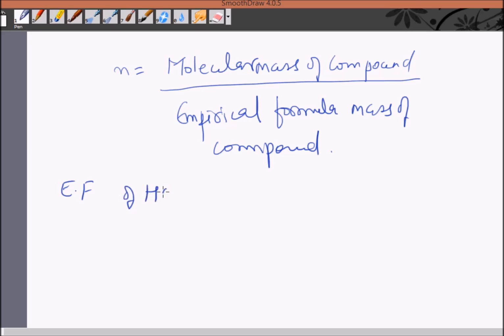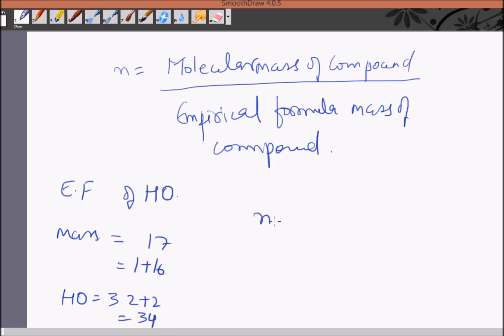The empirical formula of HO, hydrogen peroxide, has mass 17, that is, the addition of 1 plus 16 is 17, and the molecular mass of the compound is 32 plus 2, it is 34, right?